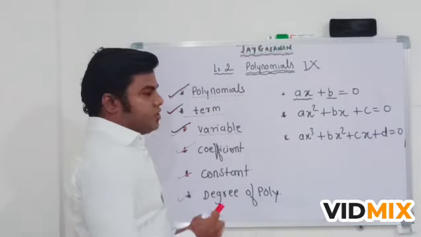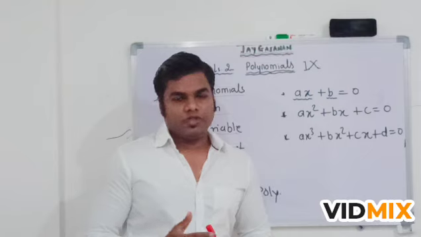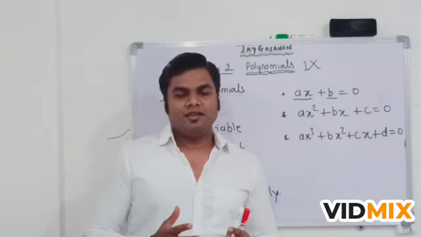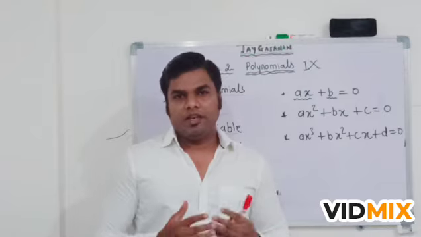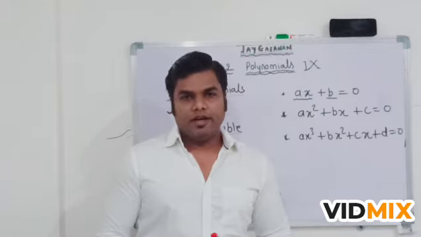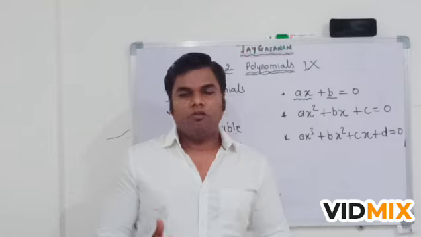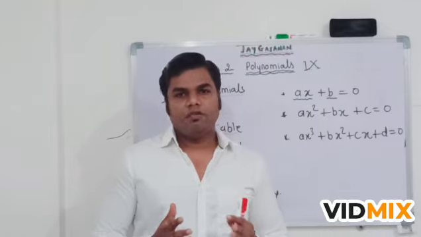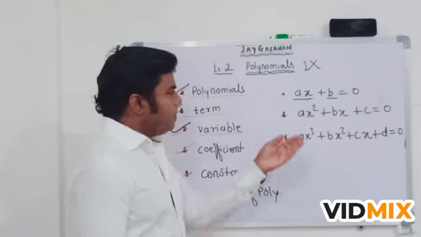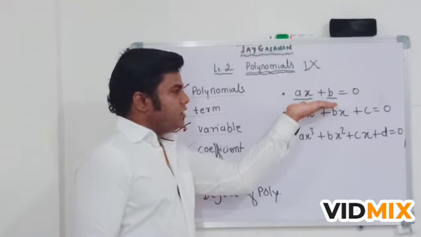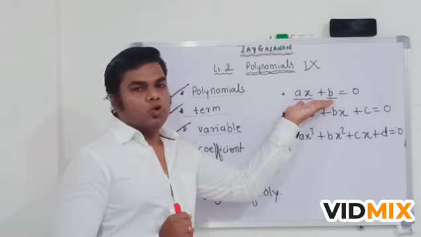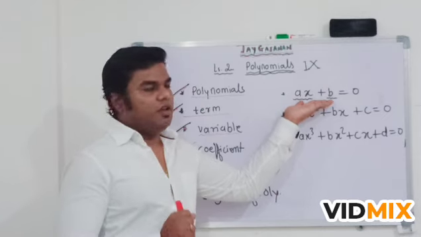Then we'll go for coefficient. We will see what is coefficient. Coefficient is nothing but you can call it a friend of variable, which will always be there with the variable. So for coefficient we have to see the variable. In this expression only one variable is there, that is x, so the coefficient of x will be a.